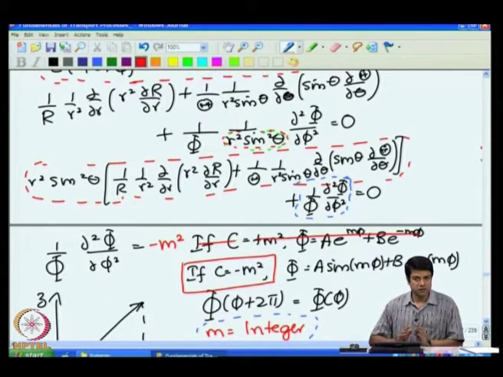The value of the concentration at 0 and at some particular length L had to be 0, and on that basis we got discrete eigenvalues.